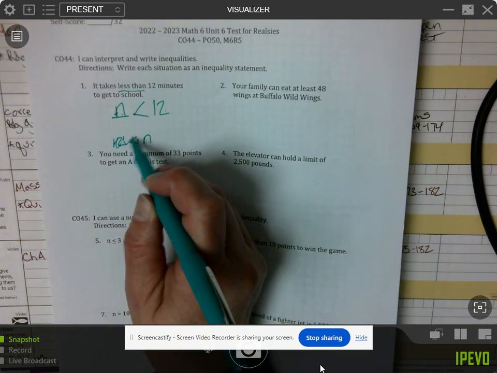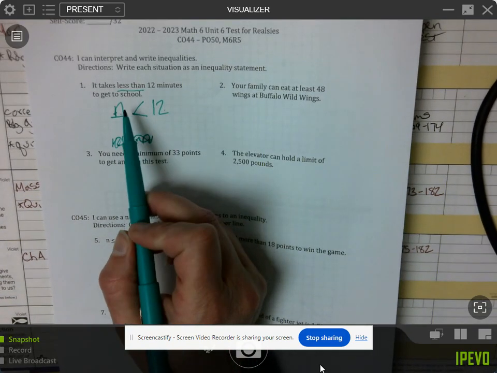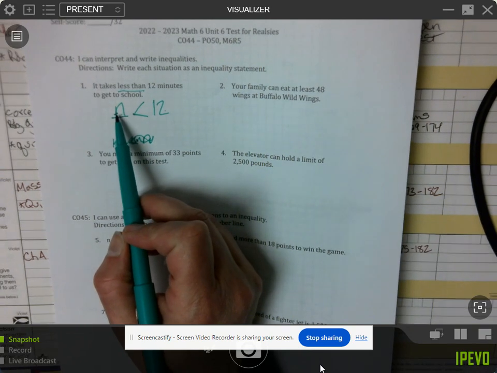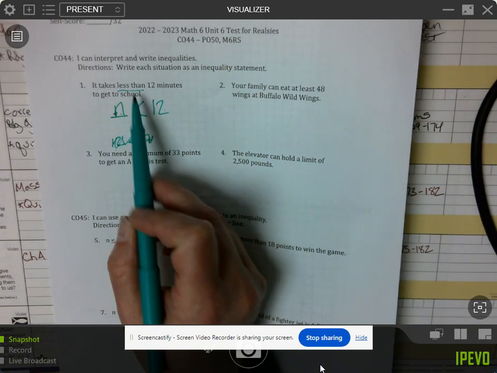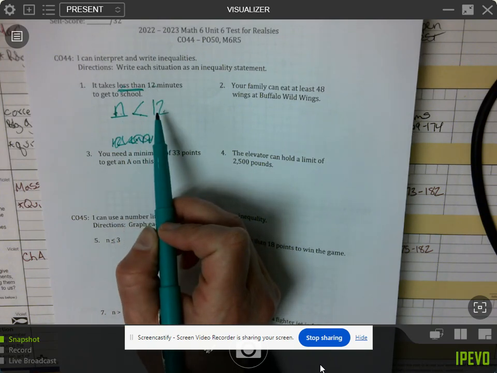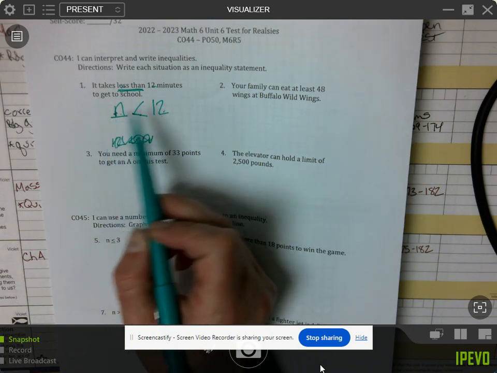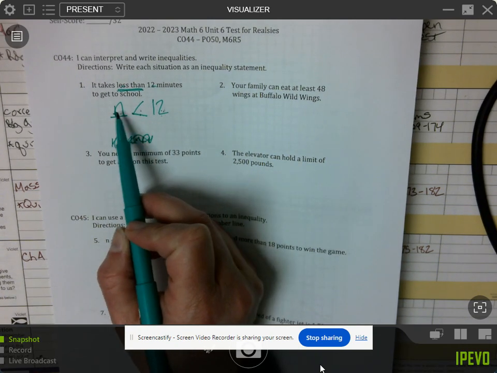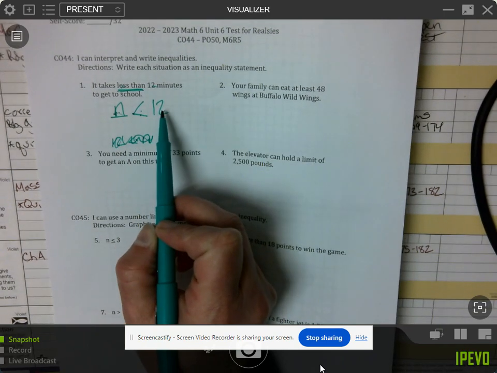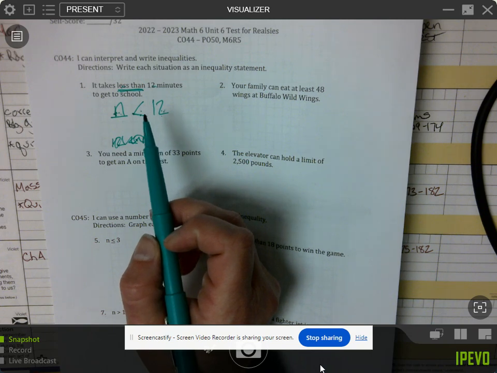It's always easiest, when writing these inequality statements, to start with your n, write the symbol that goes with the words, and then put the number in place. It can be written backwards, but we have to flip the symbol then: 12 is greater than n is the same as n is less than 12. So if you want to start with the number, you have to make sure you flip the symbol.